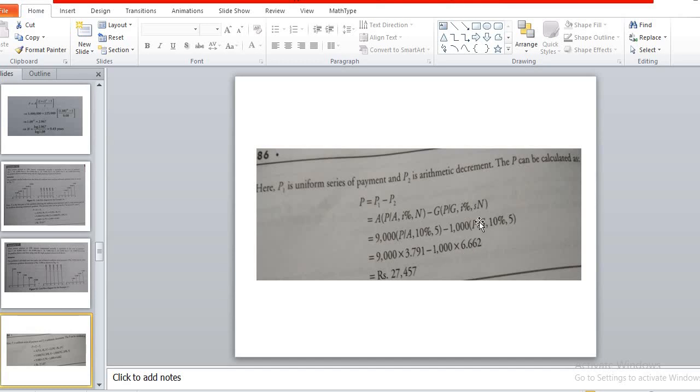This P by G factor is related to the gradient factor. P by A is related to the present value for the given annuity of 9000.